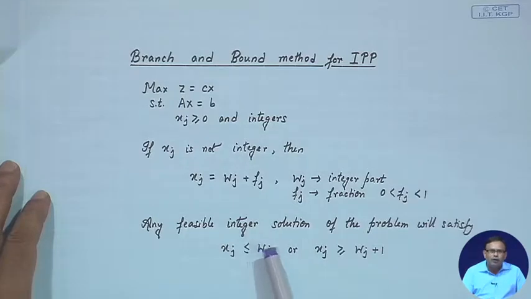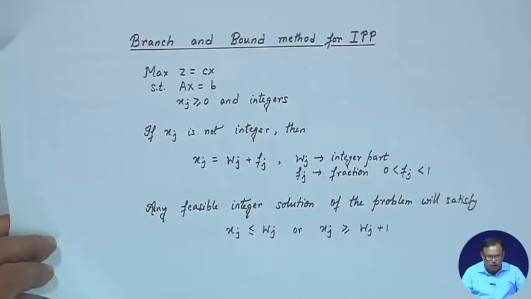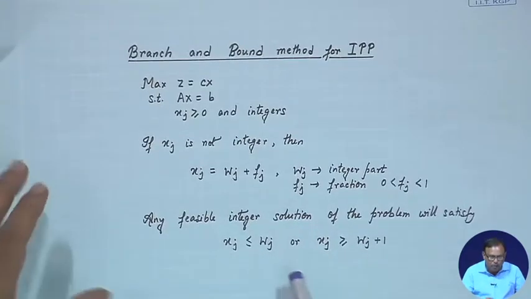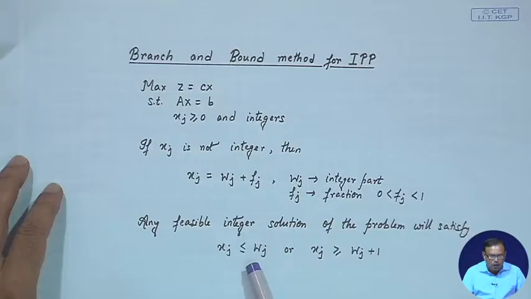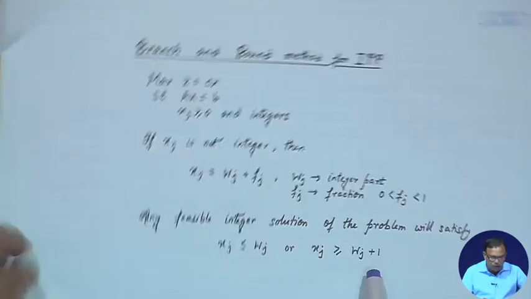So, for any feasible integer solution, it must satisfy one of these two constraints. Basically, we are dividing the original problem into two subproblems. In one subproblem, we include the new constraint x j less than equals w j, and in the other subproblem, we include the other inequality x j greater than equals w j plus 1.